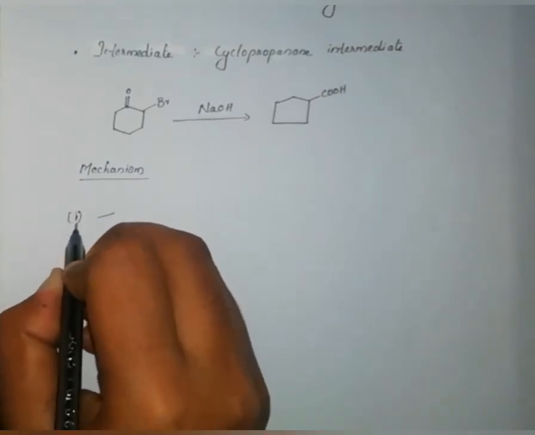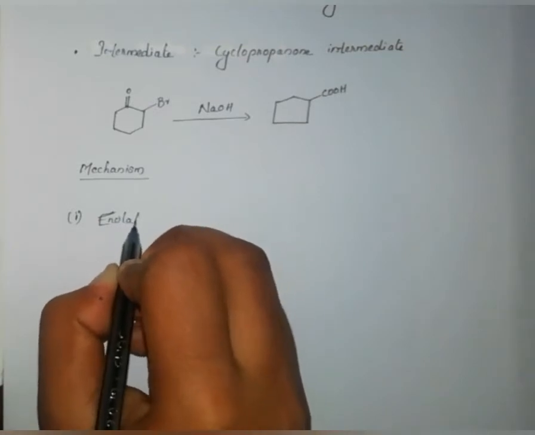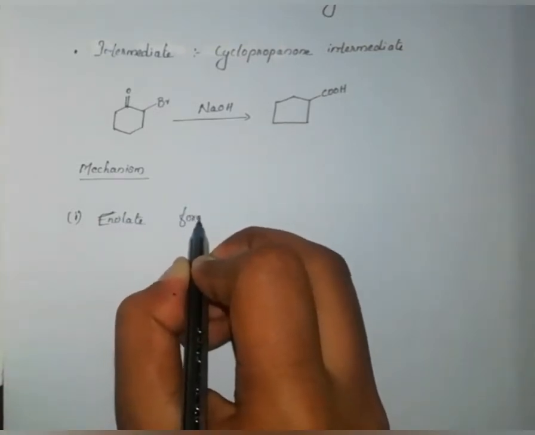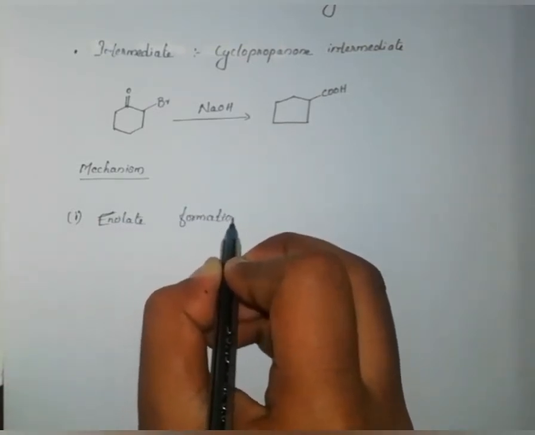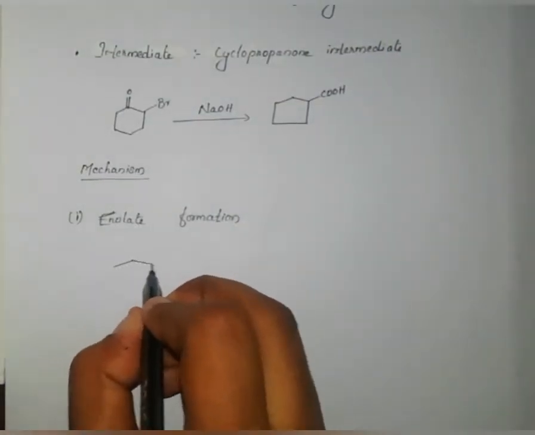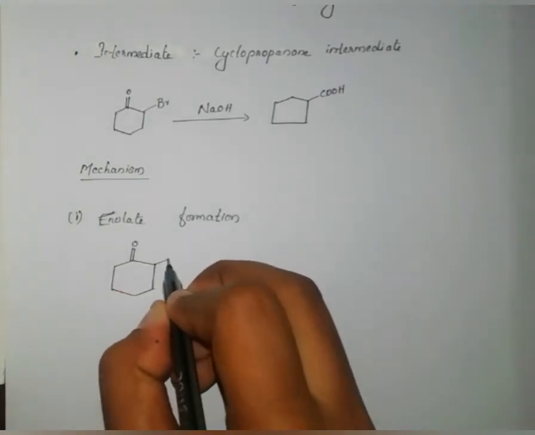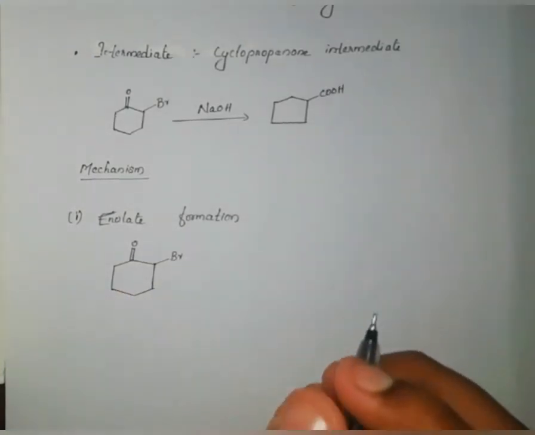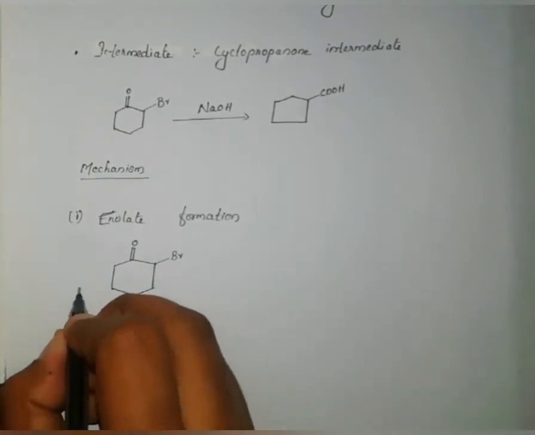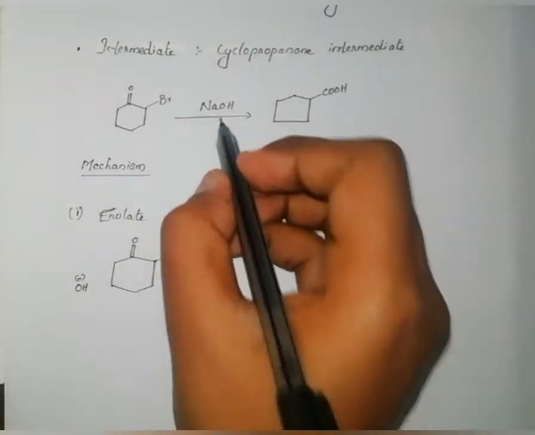The first step is the enolate formation. This is a cyclic haloketone, in presence of base, here NaOH.